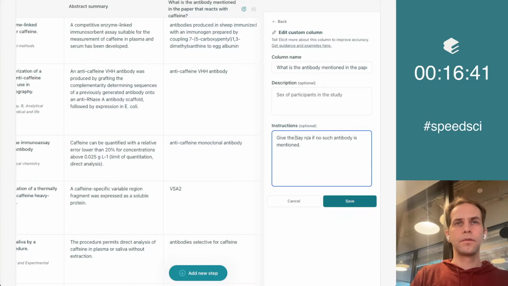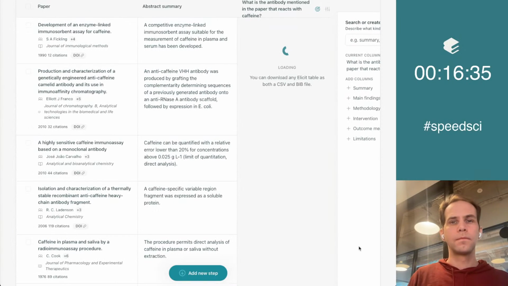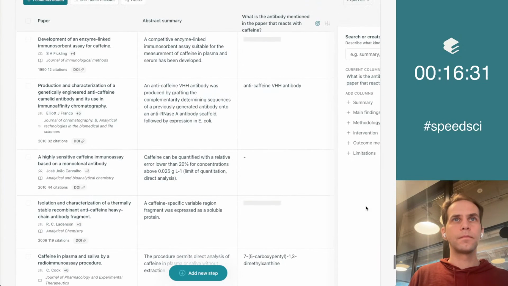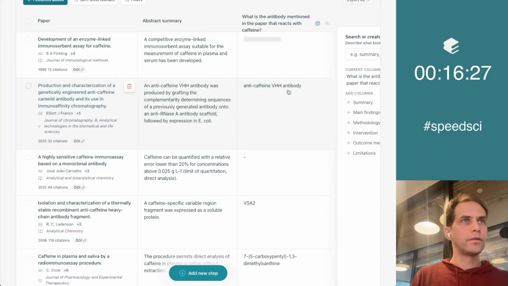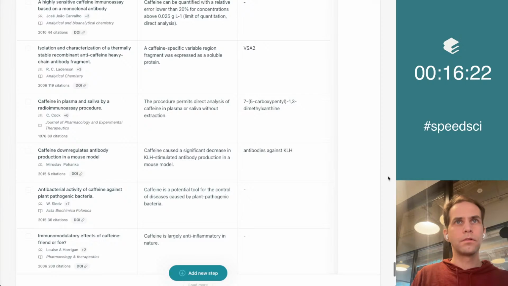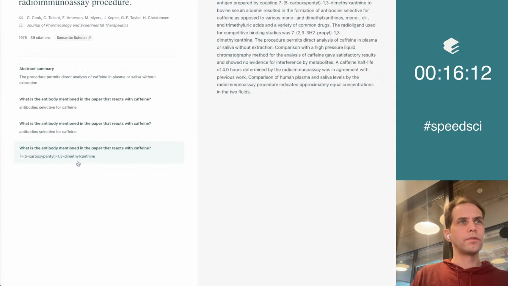Give the specific compound name. Anti-caffeine VHH antibody USA2. This one also seems interesting.